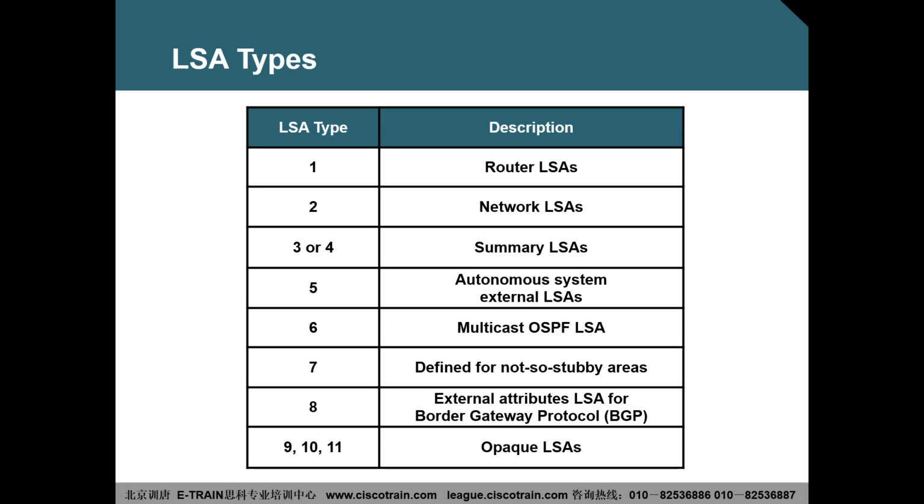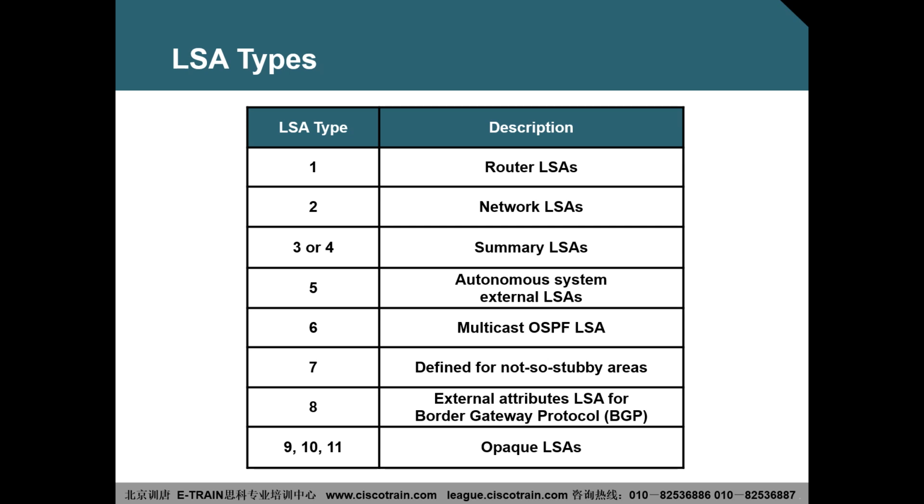And whenever we have multicast, when you want multicast traffic to be carried by OSPF, in that case, we need LSA type 6.